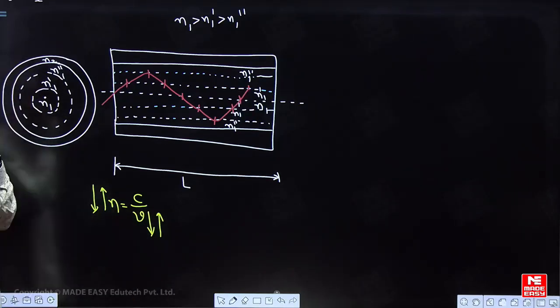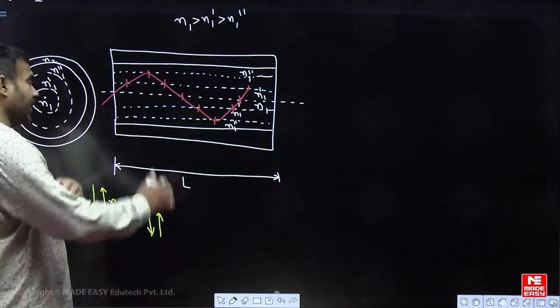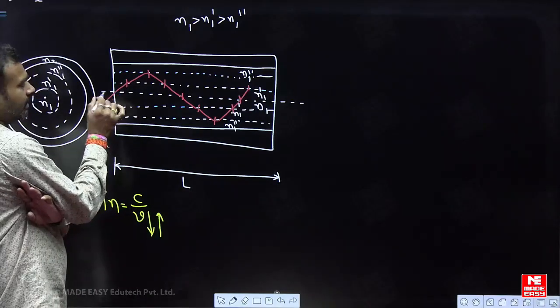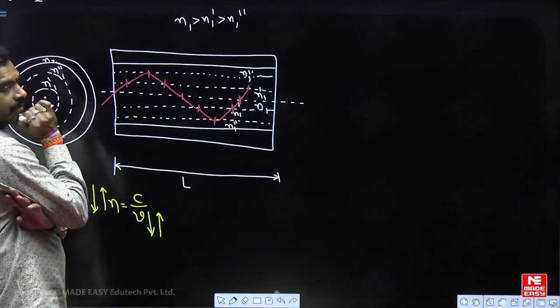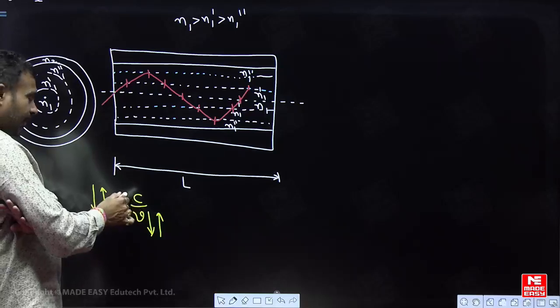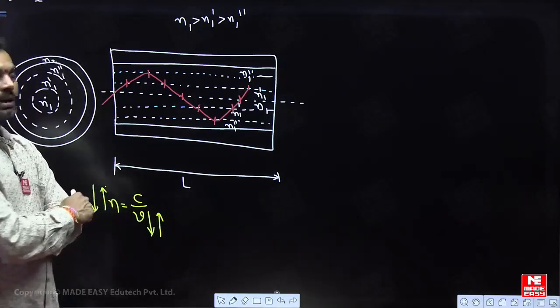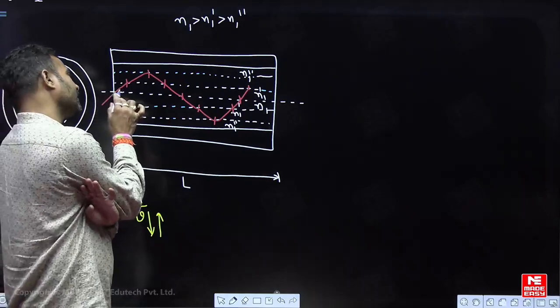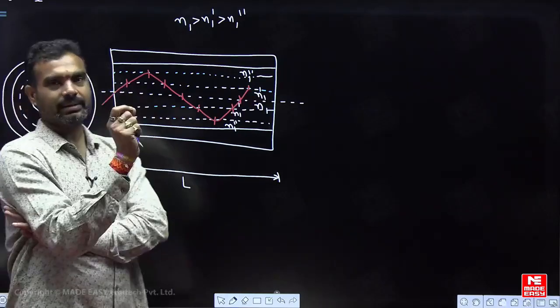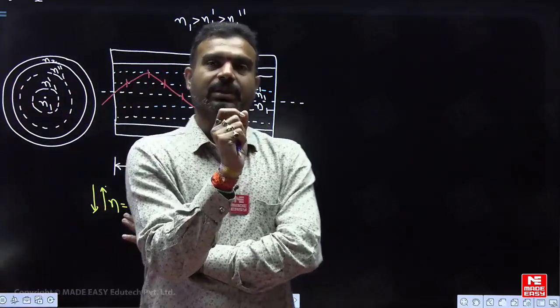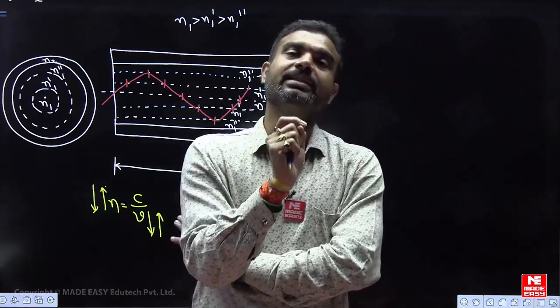Observe carefully the light at the center. At the center, the refractive index is high, so the velocity is less. The light rays travel with less velocity at the center.